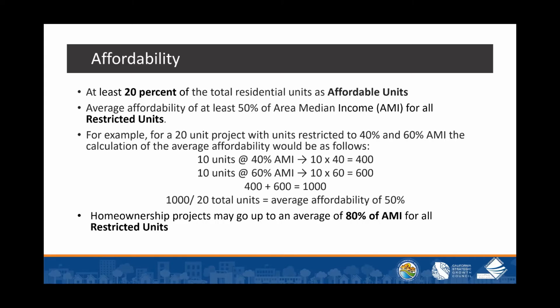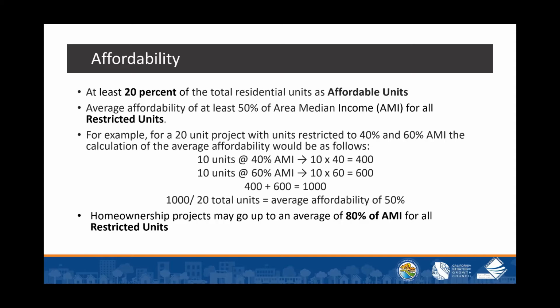For affordability, you want to make sure that at least 20% of the total residential units are affordable units. You want an average affordability of at least 50% of the area median income for all restricted units. And we have an example for a 20-unit project with units restricted to 40% and 60% AMI.